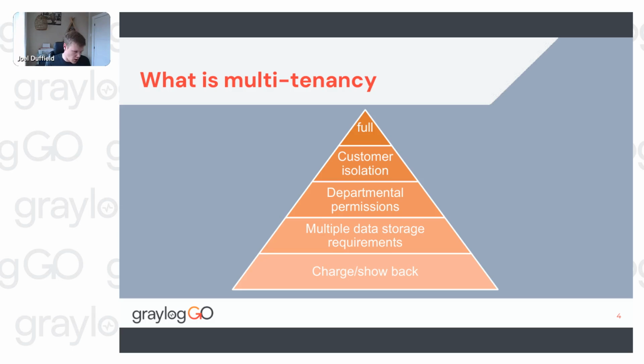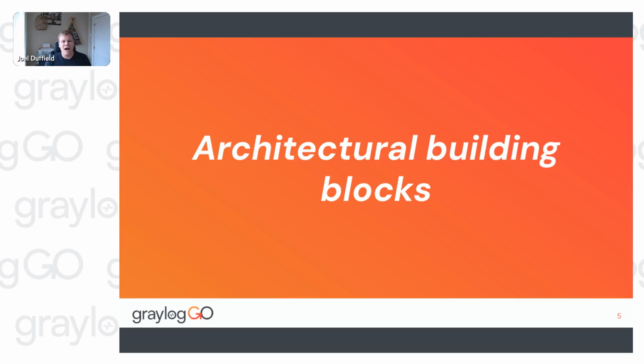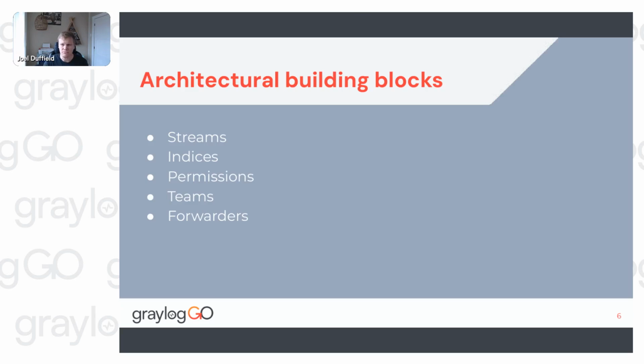We're not going to be talking about that, but we will be covering all of the things below that today. How can we actually go about doing this? What parts of Graylog can we bring to bear on it? The first and probably most critically important that we'll use today will be streams.